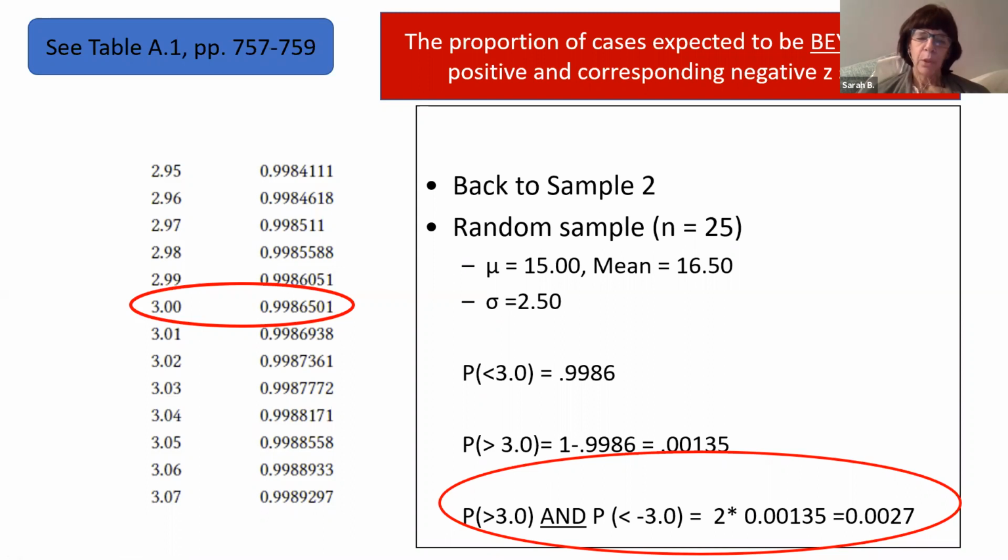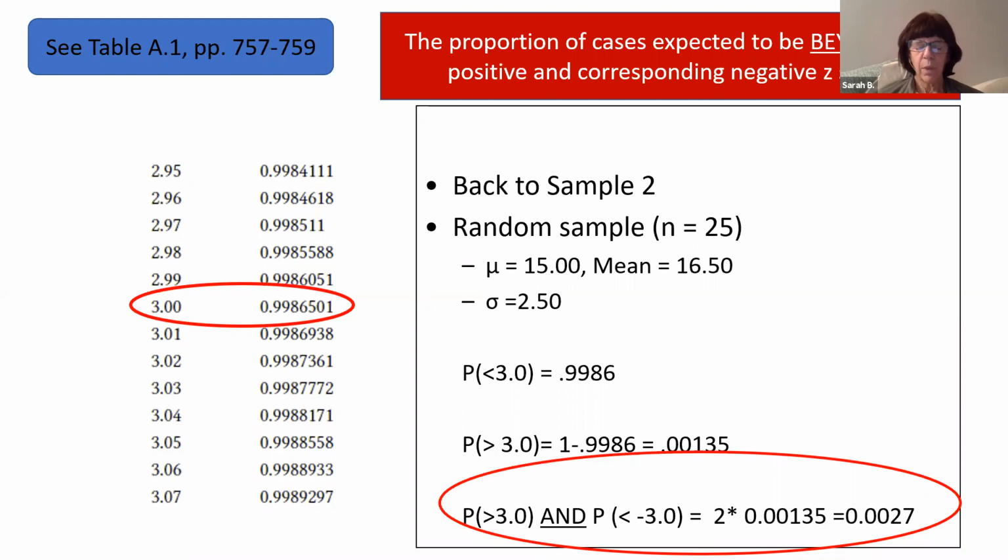So the proportion above that in the adjacent tail, the tail to the right of it, would be 1 minus that, the whole distribution minus what's accounted for below that z of 3. And so the probability of a z beyond 3 is 0.00125.